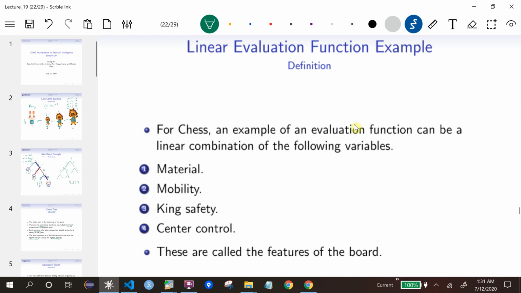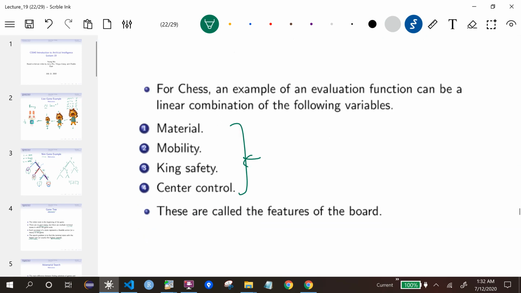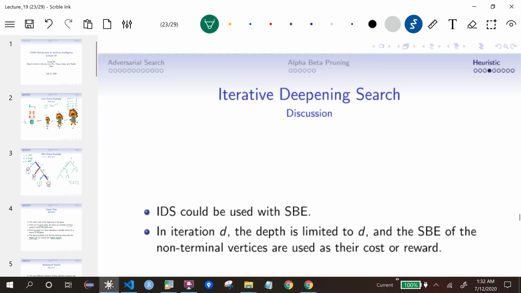I don't actually know how to measure them, but they come from domain expert knowledge, and they are used to guess the probability of one player winning. So we're going to use them as features. When you see the word features, you know we're going to put a neural network on it. So yes, we are.